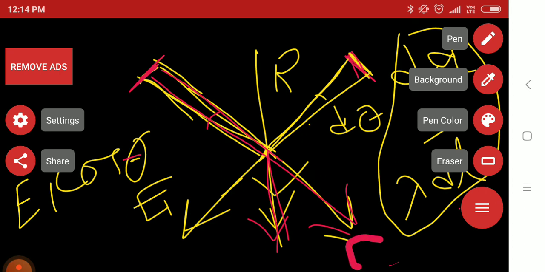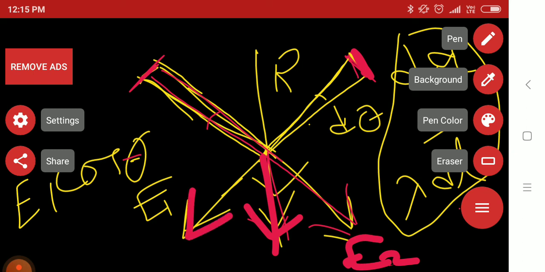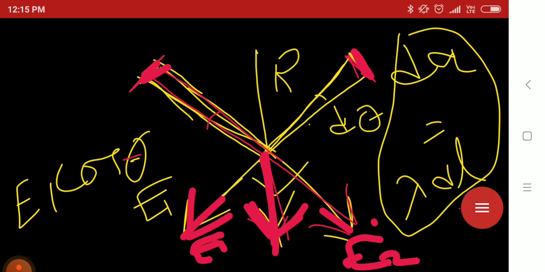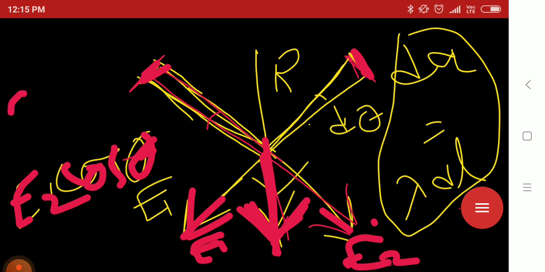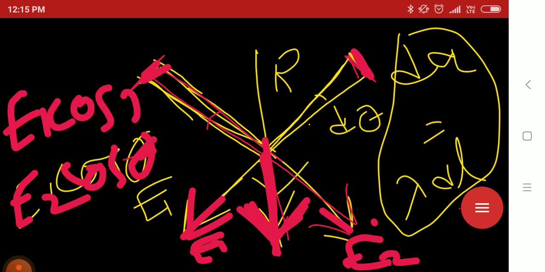So the component along it is E2 cos theta. So the total electric field along here will be E1 cos theta plus E2 cos theta.